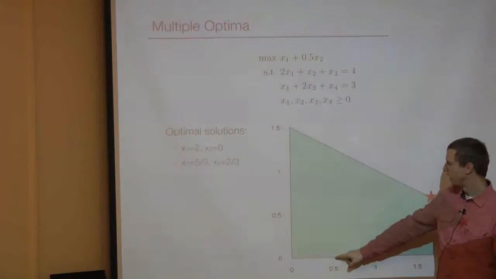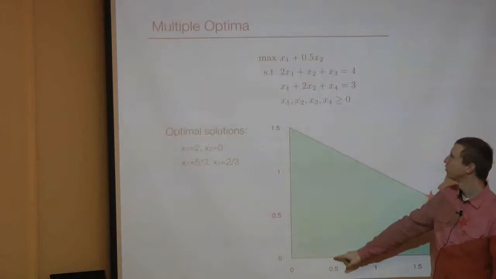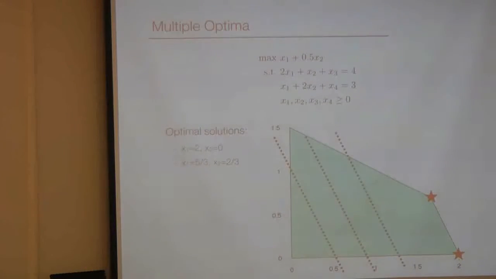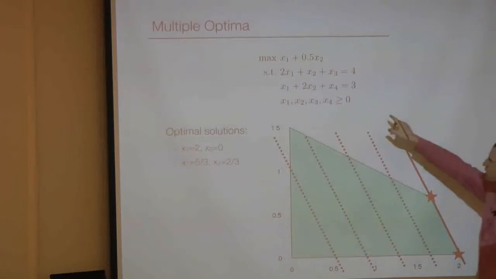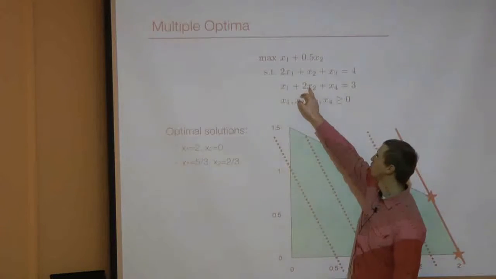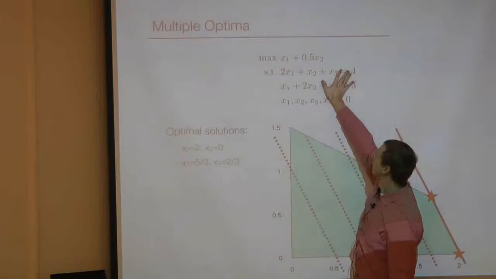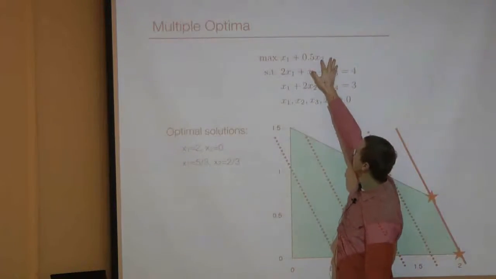If we take x1 to 0.5, then x2 would be 0. Okay. So actually the objective function looks like this, and we are maximizing it, so we are moving it to the right. And actually what happens here is that the objective function is parallel to this constraint here. It's actually this constraint, x1 plus 2x2 smaller than 3. Okay. So just look here and compare this line with this one.